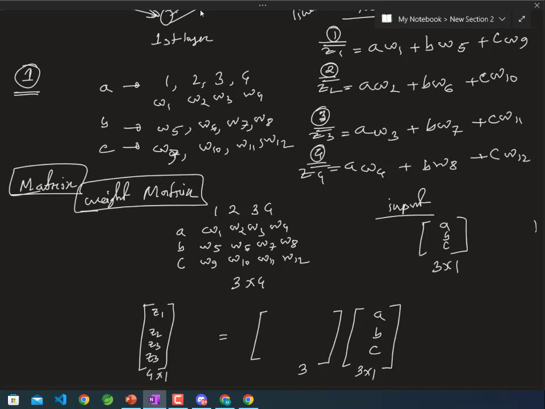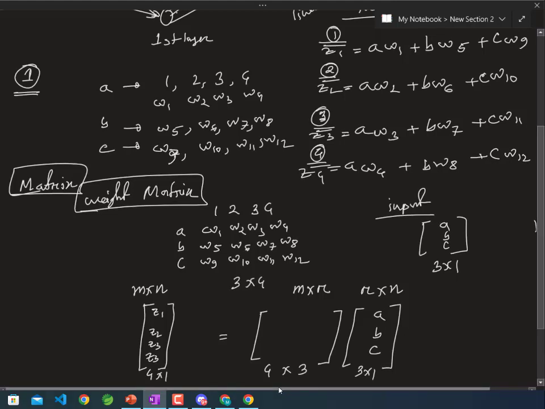If a matrix is m by n, then the multiplication needs to be r by n and n by r, generating an m by n matrix. So for that we need a 4 by 3 matrix. In the context of the weight matrix, it is a 3 by 4 matrix, and we need a 4 by 3 matrix.